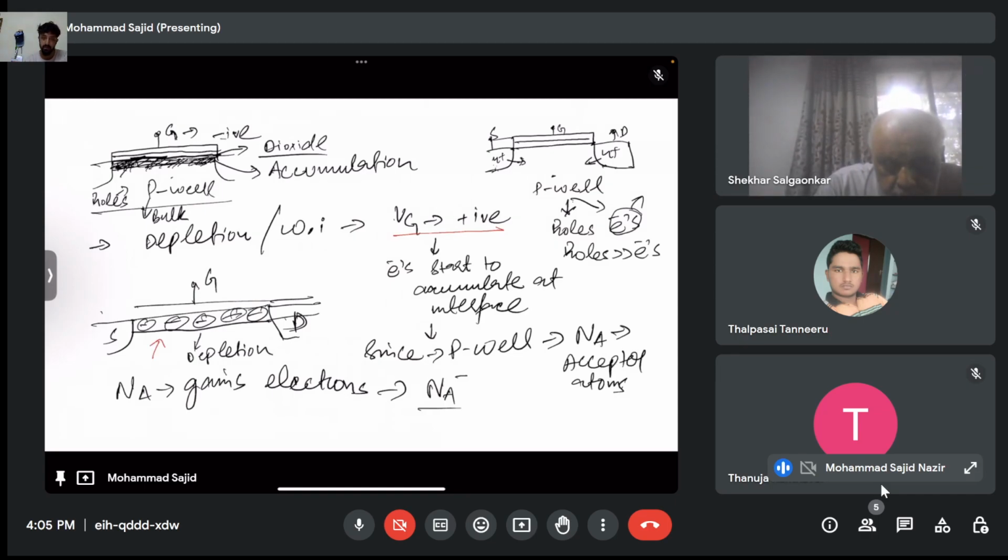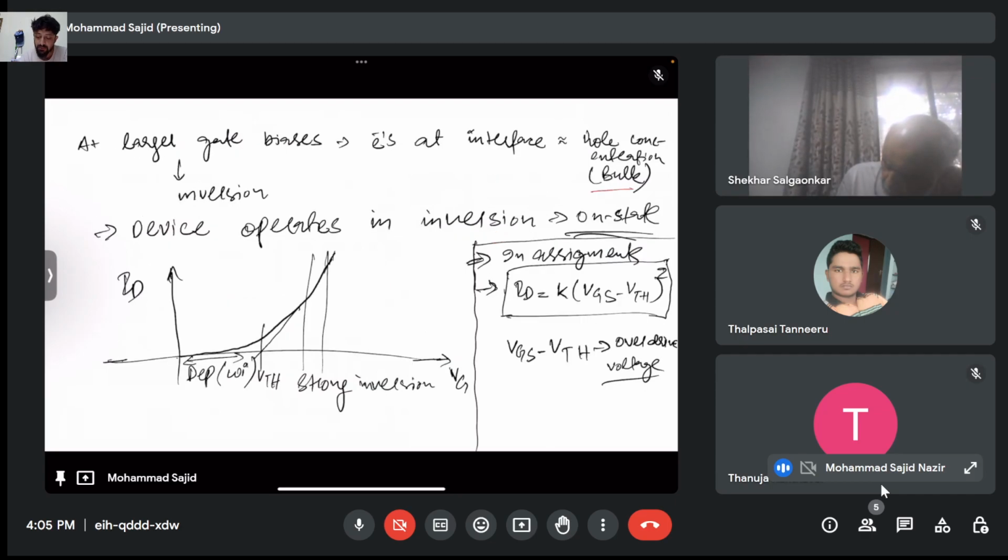The Na in the P well, which contains holes, captures these electrons and gives a negative charge. So that is the depletion region. After the depletion region, we further increase the positive bias. Then at that time we will get inversion. As is written here, at larger gate biases, the electron concentration at the interface is equivalent to the hole concentration. So that is actually the definition of inversion.